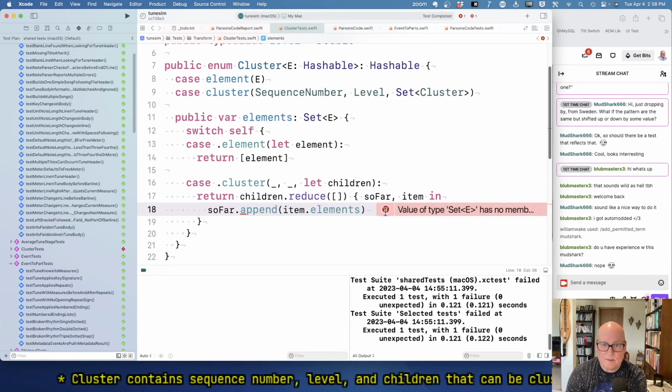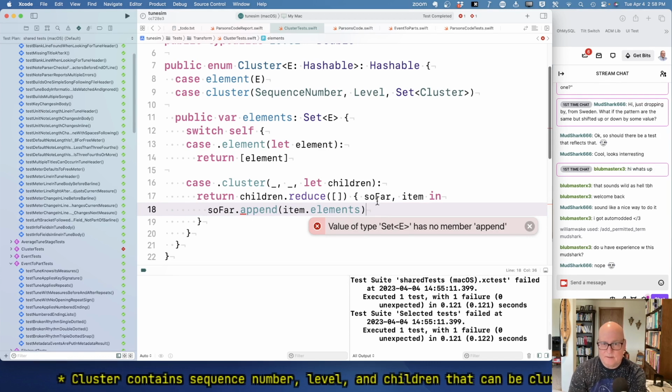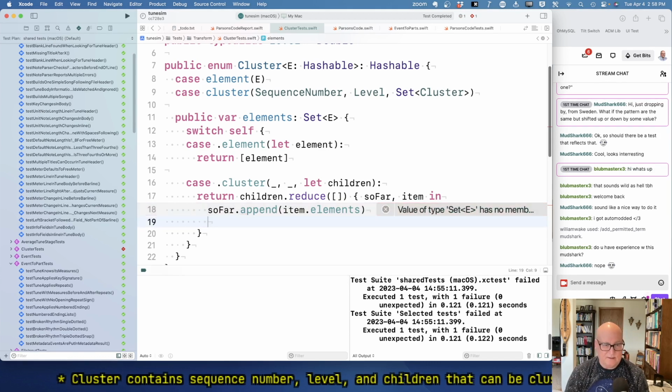Okay, has no member append. Really? I thought I just got it. So far. Well, that should be a set. Let's do this. Be explicit.